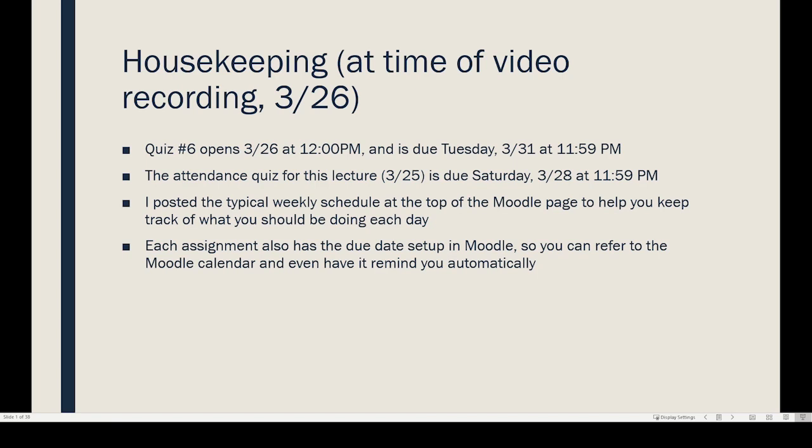So you can refer to the Moodle calendar. That should be up to date and easy to follow. And I think you can even set Moodle to set your reminders when things are due or when things open up. So let me know if you have any questions about that, but it's just trying to give you as many resources to keep everything in order as you would need.